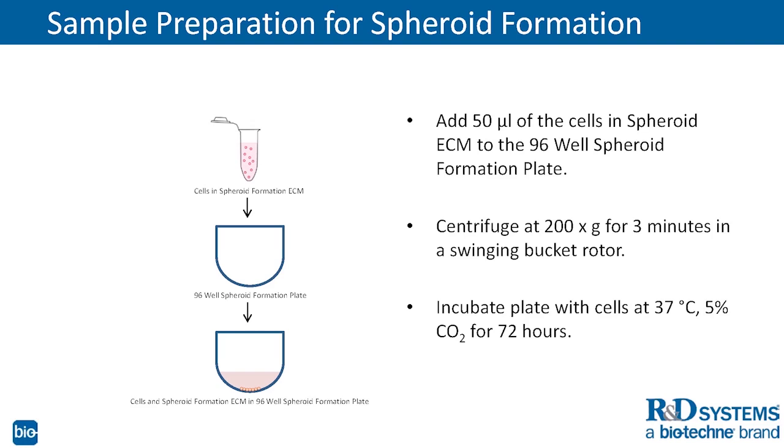We also recommend the swinging bucket rotor specifically because that pulls the cells to the very bottom of the well, which also gives us kind of the best placement for viewing.